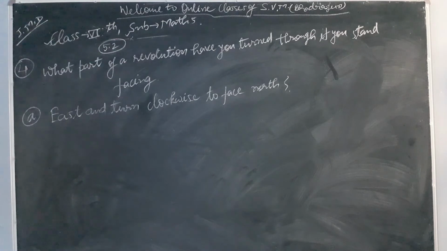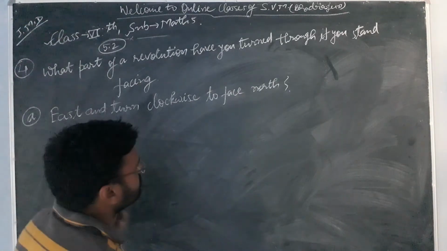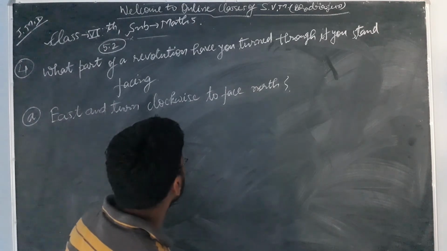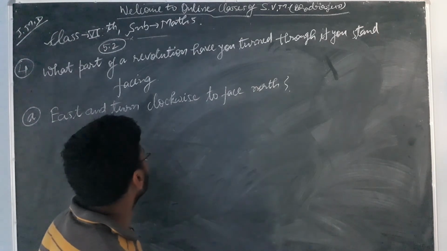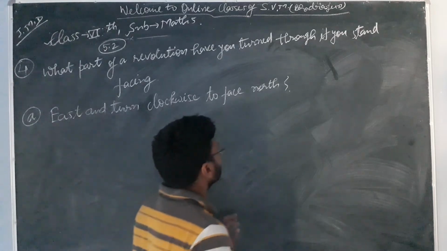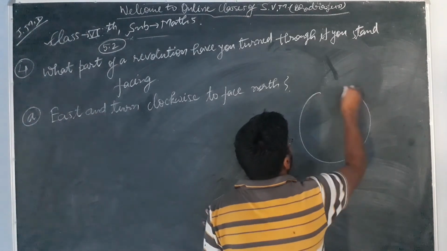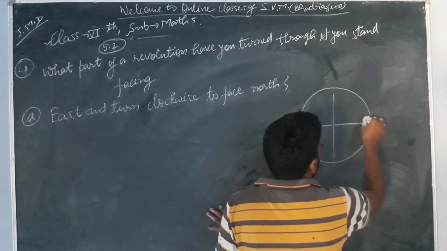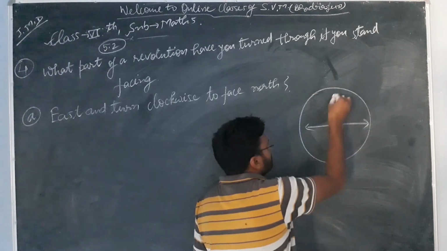So what we have to do in this part? What part of a revolution have you turned through if you stand facing east and turn clockwise to face north? Okay. This is our clock, and these are direction conventions.